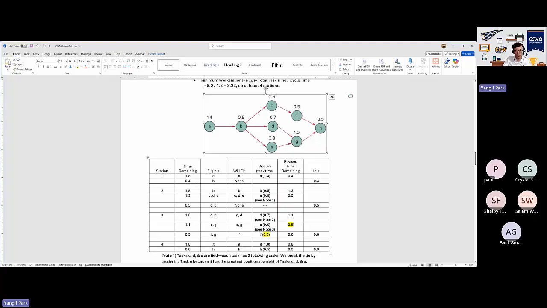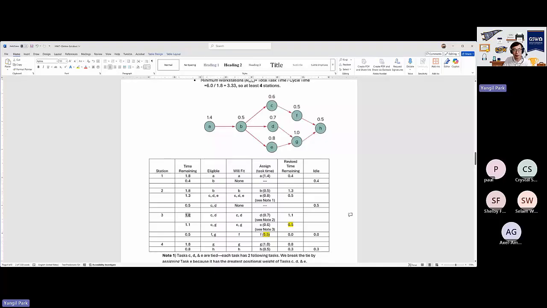No, they are not, right? Wait a minute. Oh, I'm sorry. Yeah, right here, 0.5. I was looking at station 3 already. So 0.6 and 0.7 are bigger than 0.5. So we have to put it into idle. We cannot satisfy C or D. So C or D will go to station 3.